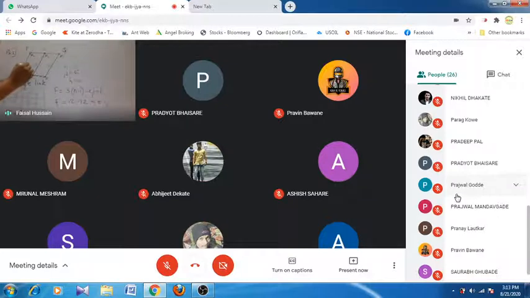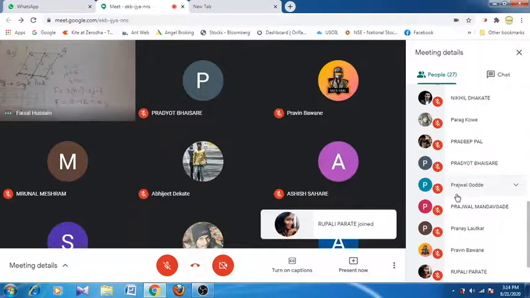If this is rotating, this is also rotating, and this is also rotating. The input and output motion is not disturbed. If I remove link number 3, the input and output motion will not get disturbed.